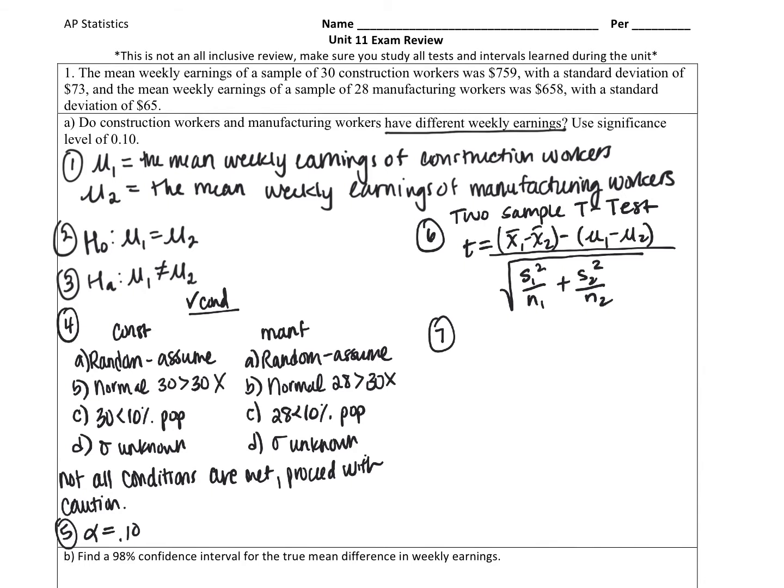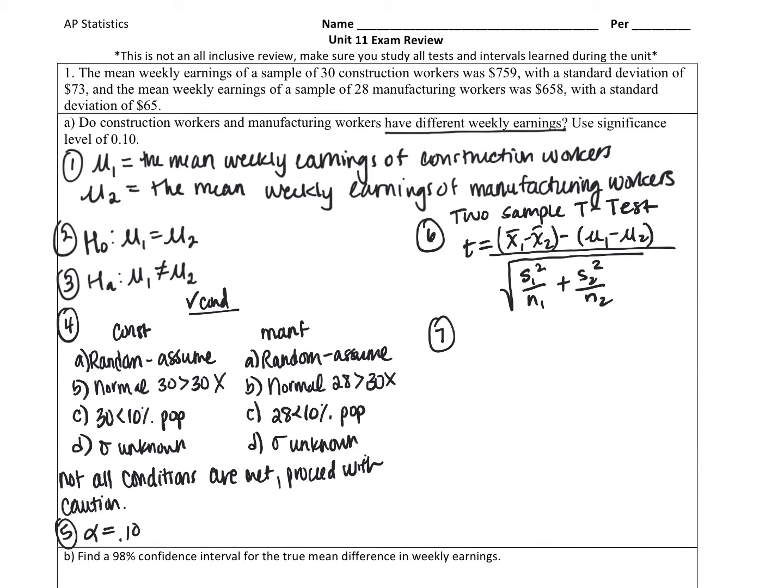Step 7. All right, we are going to hit stat, tab over to test, and we're going down to option 4, two-sample t-test. Here we have the stats. We do not have the data, so we're going to use the stats.